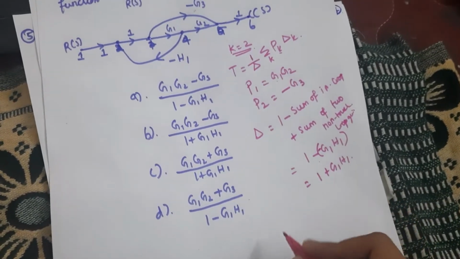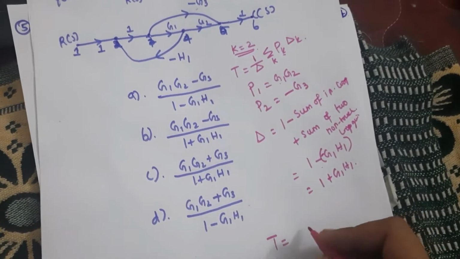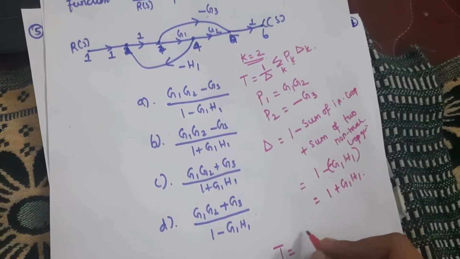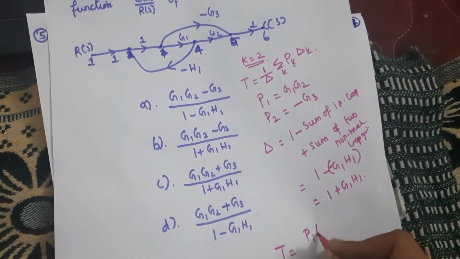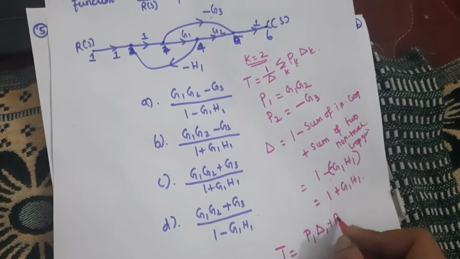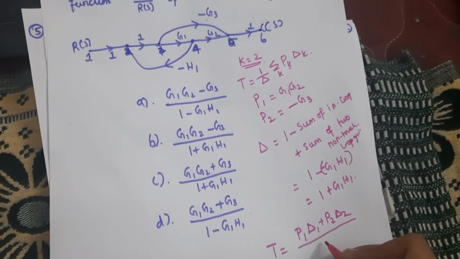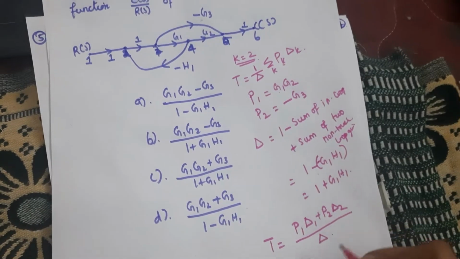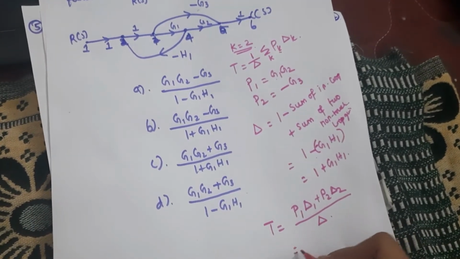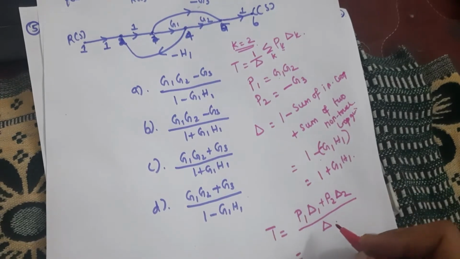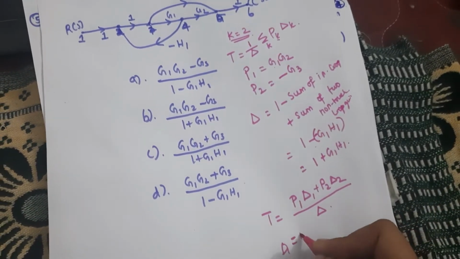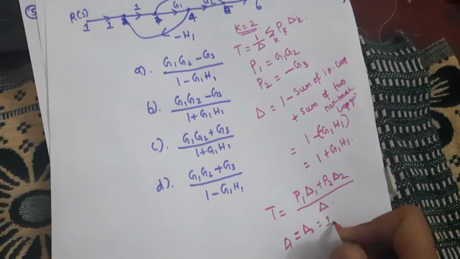So now we can write the transfer function T is equal to p1 del 1 plus p2 del 2 divided by del, and since there is no non-touching loop, del 1 is equal to del 2 is equal to 1.